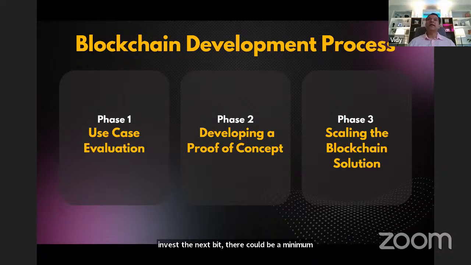So that is phase 3, which is scaling the blockchain solution, taking the proof of concept and making it production ready or ready for commercialization, where we can onboard users or customers on the platform, and it will be used within the company's day-to-day business.